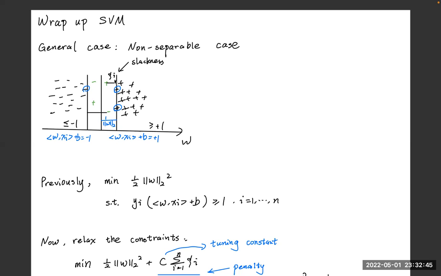So for this example and this example, they just go beyond the safety boundaries, but they are not going beyond the true classification boundary. But for this example and this example, they actually go beyond the true boundary.